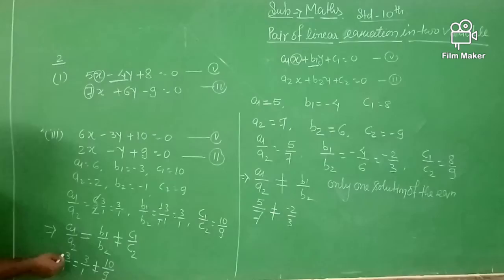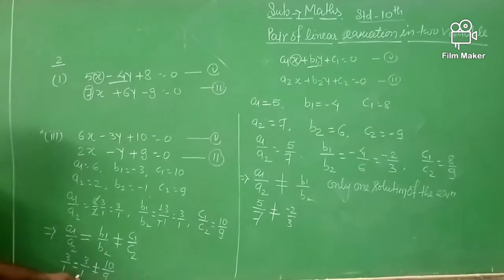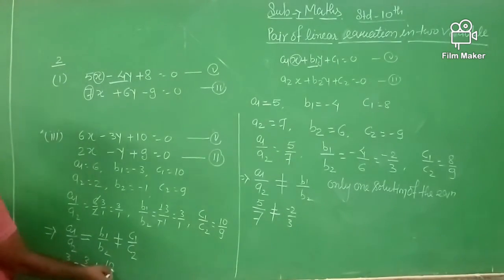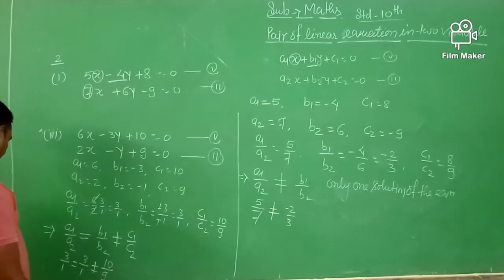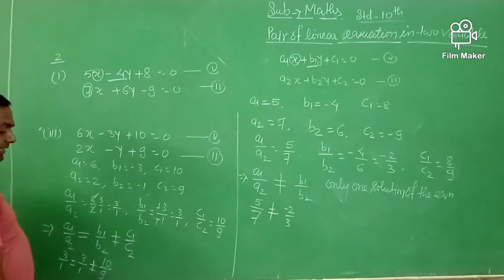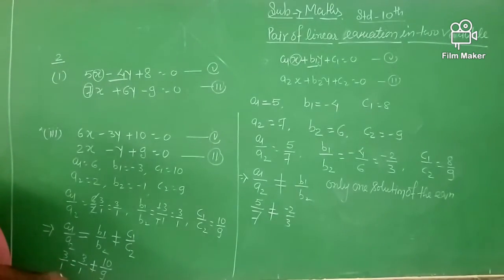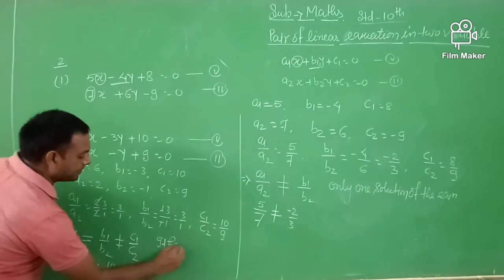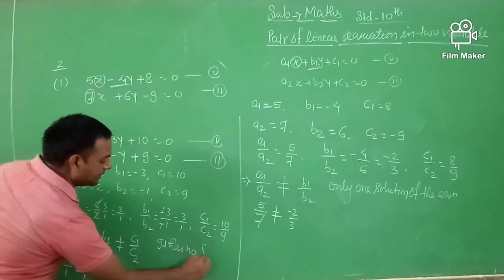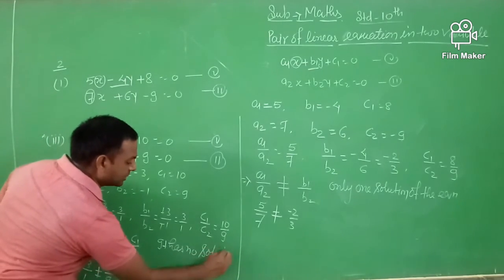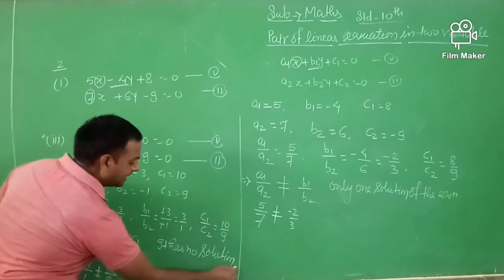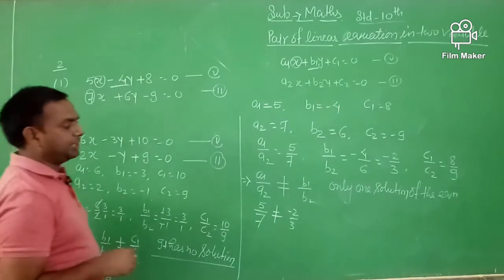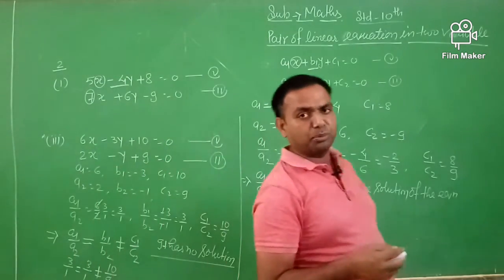Here a1 by a2 is equal to b1 by b2 but does not equal c1 by c2. In that situation, lines are parallel to each other. It means it has no solution. It means lines are not intersecting each other at any point.